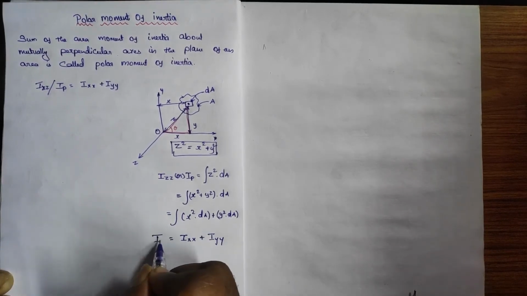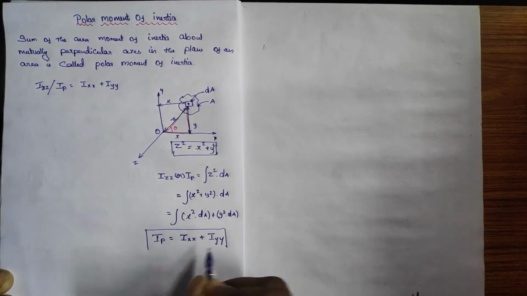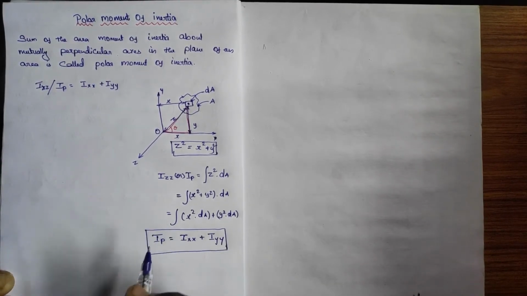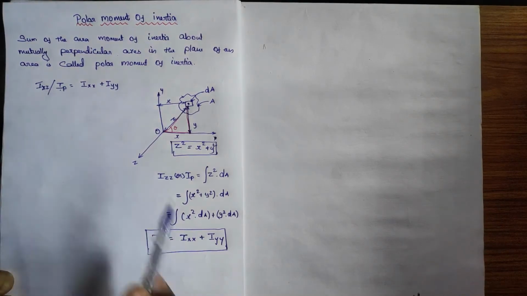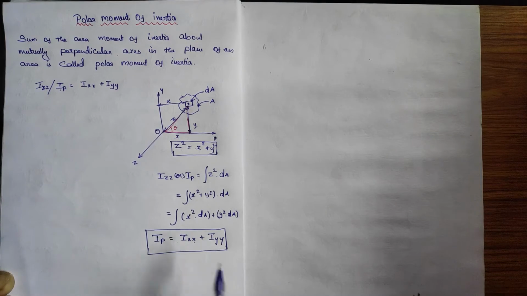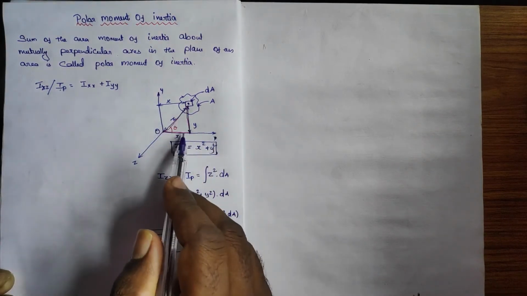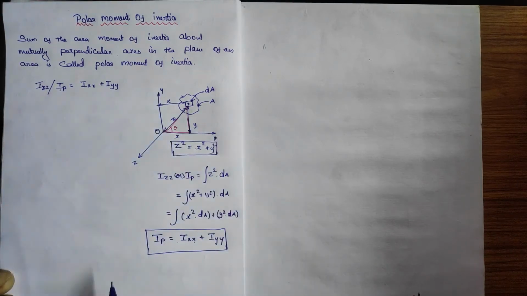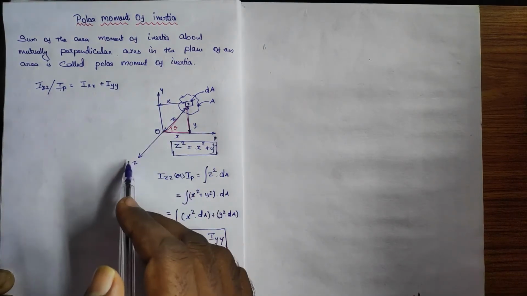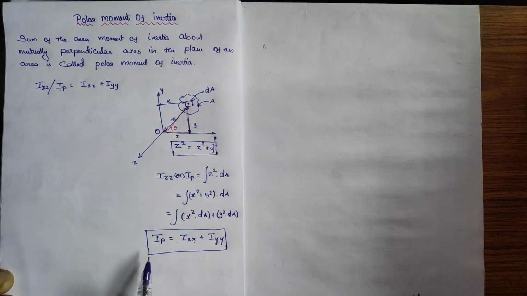So this is the proof: the third axis IZZ or IP is equal to IXX plus IYY. When you have IXX and IYY, finding the mutually perpendicular axis value is very easy. Just do the sum of IXX and IYY, and it gives IZZ, which is nothing but the polar moment of inertia.